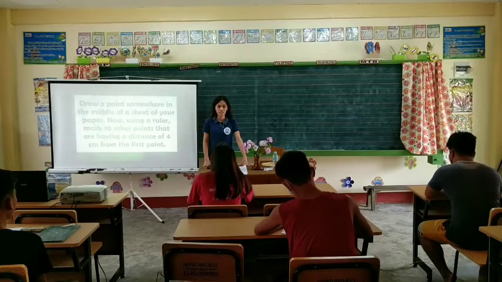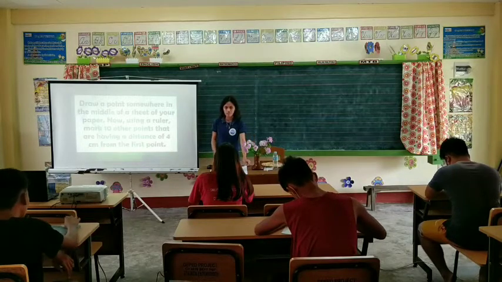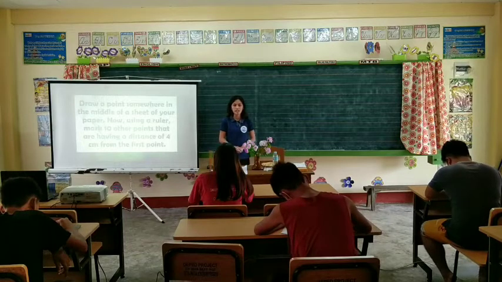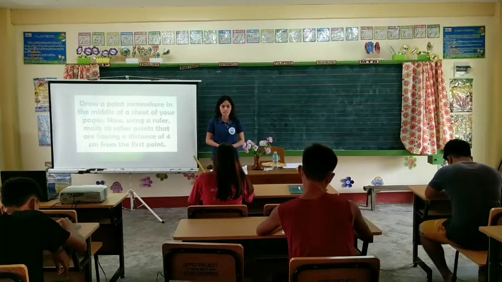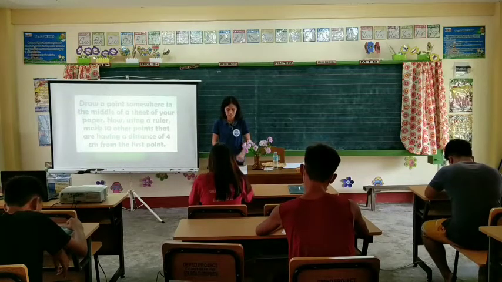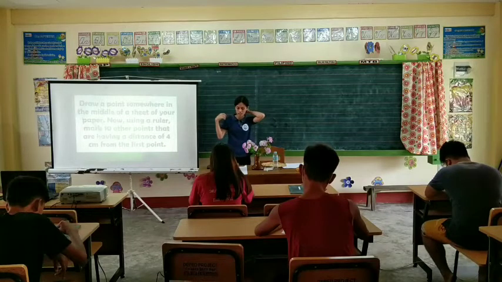Understand? Yes, ma'am. Okay, I will wait for the first student who will finish the activity. Then you have to connect the 10 other points that you have marked. Okay? I will wait for the first student who will raise his or her hand.